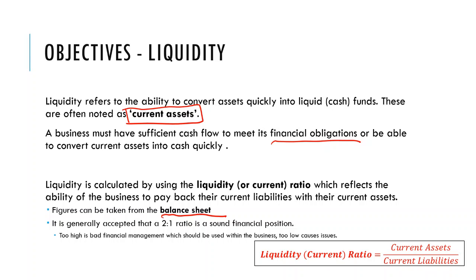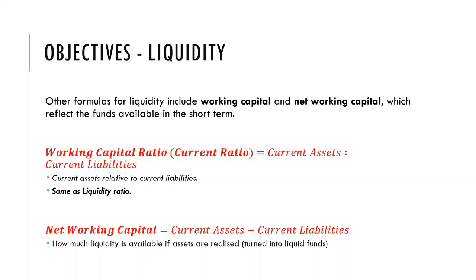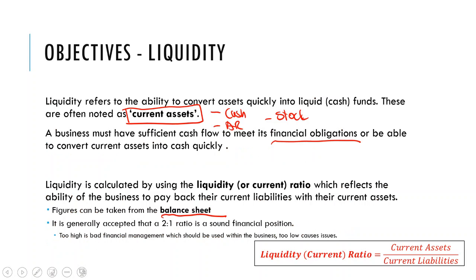So a business really wants to be able to pay off its debt quickly, but it needs a means to do so. And you need enough current assets, i.e. cash, accounts receivable, stock that you can sell quickly. Remember, this is all current assets under 12 months.